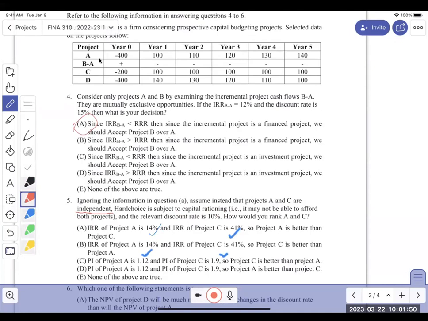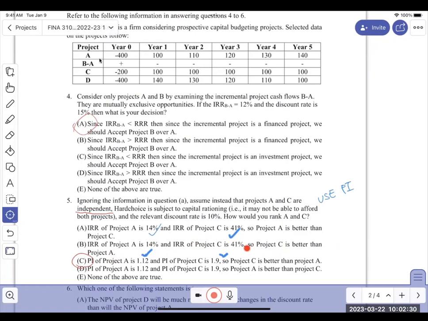Okay, so that's the information you got from our previous discussion. You have to use profitability index. So you don't look here. You actually get the profitability index of each, and that's what I did here. And in profitability index, the C is better than the A. So in fact, some people have a problem with this answer because they say, well, it should also be B, showing C is better than A, because project C is 41% and that's better than A. But that's just a coincidence.